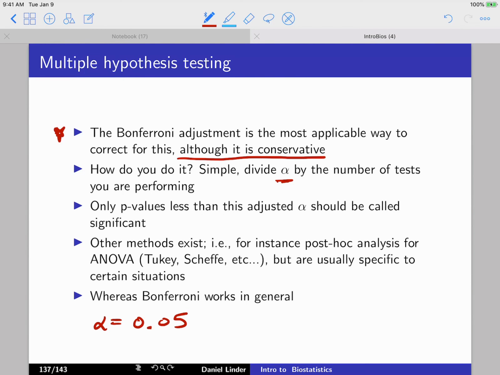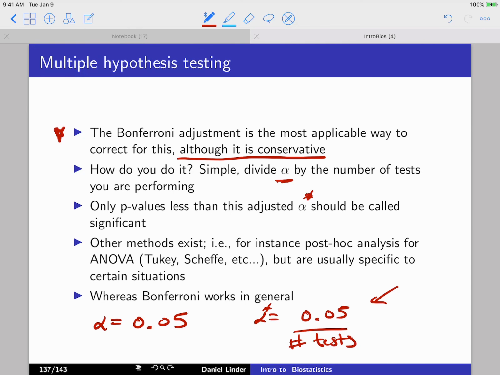Only p-values that are less than this new adjusted alpha, I should probably call it alpha star, which would be 0.05 divided by the number of tests you're doing, would you then call significant.